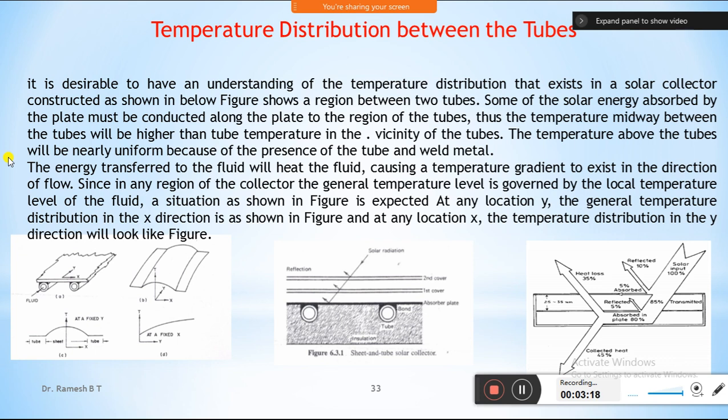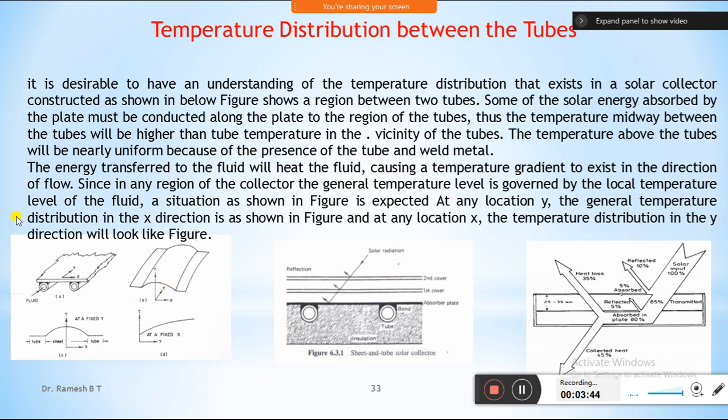The energy transfer to the fluid is heat to the fluid, causing a temperature gradient to exist in the direction of flow. In any region of the collector the general temperature level is governed by the local temperature level of the fluid, and this is shown in the figure. The heat flows in the x direction and in the y direction.